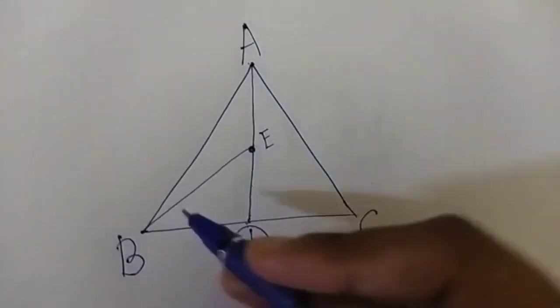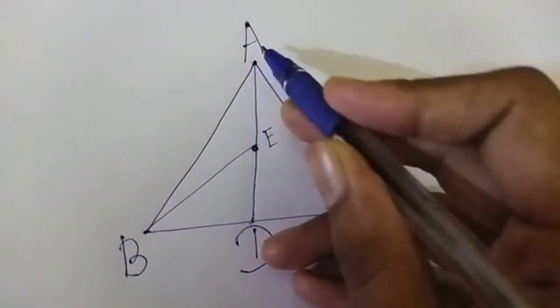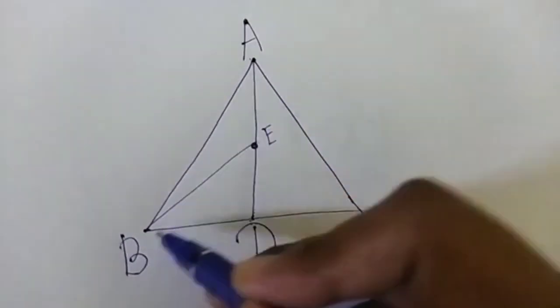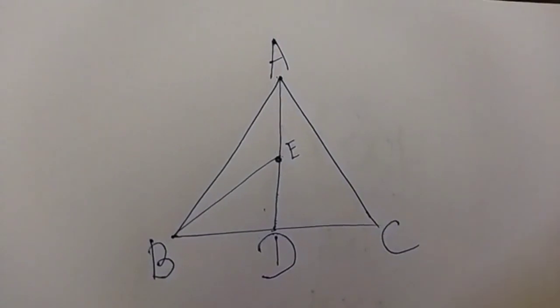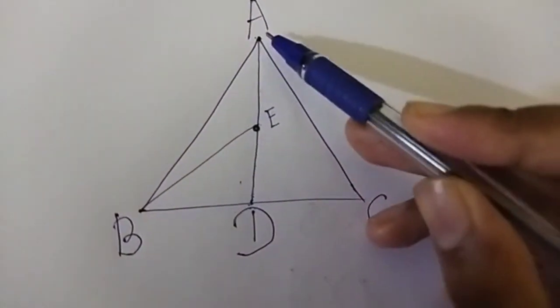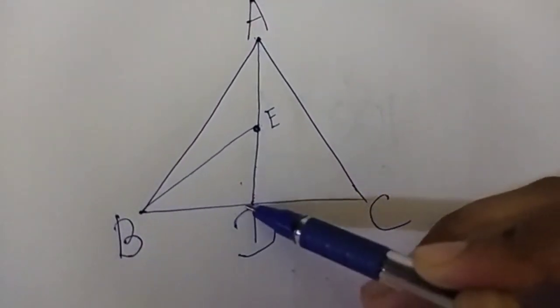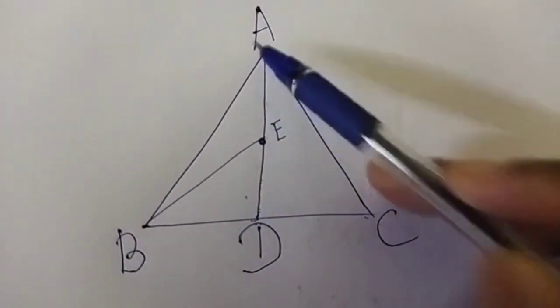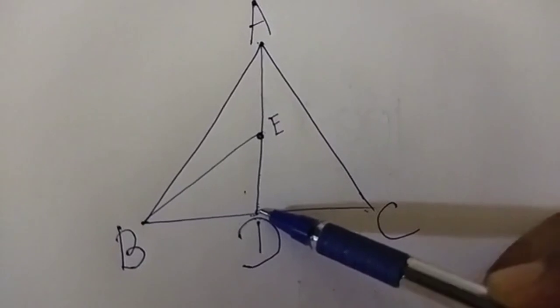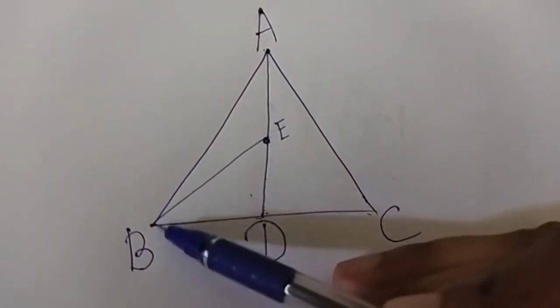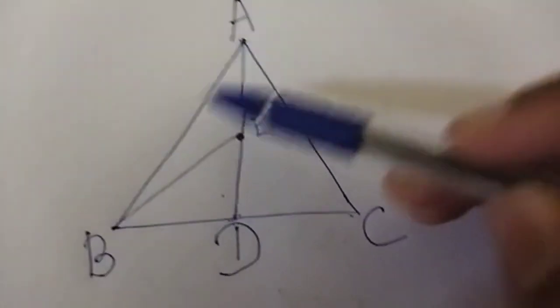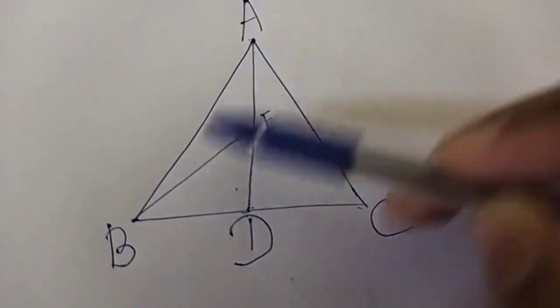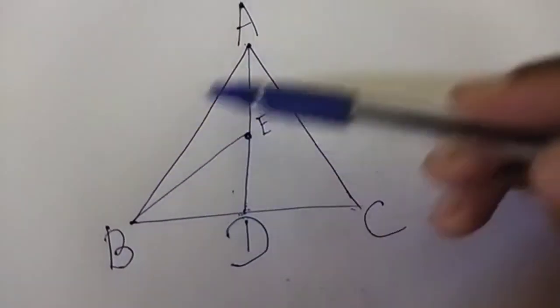BE is the median of triangle ABD. If you take triangle ABC, AD is the median of ABC. If you just take triangle ABD, BE is the median of triangle ABD.